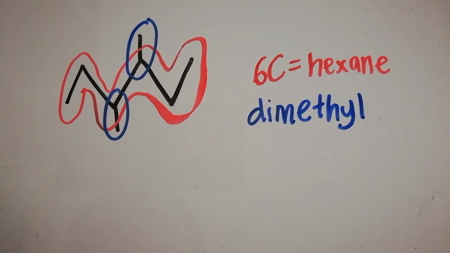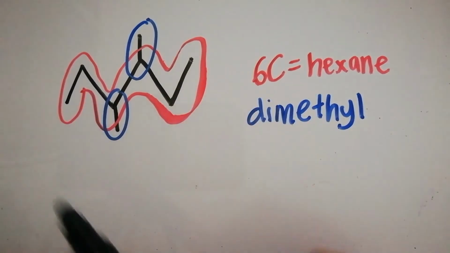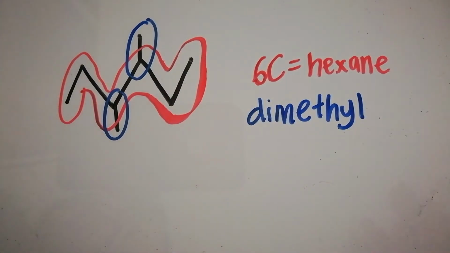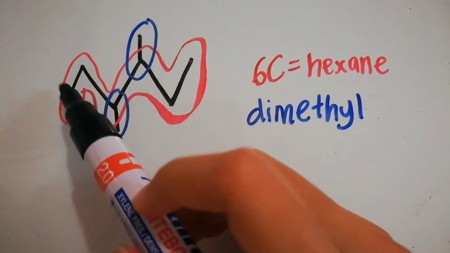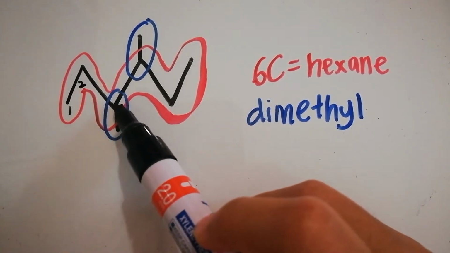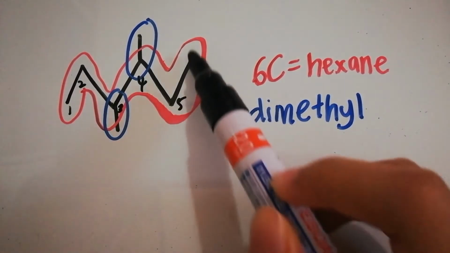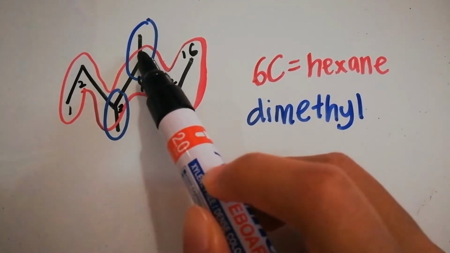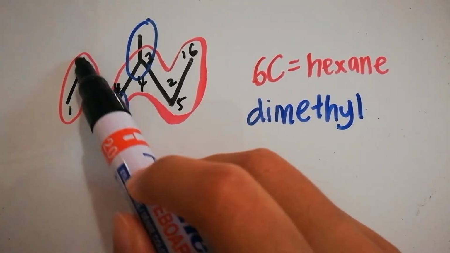And the last step is, we need to number the substituent in the alkane. So let's see, we need to take the lowest number of the substituent. If we come from here, we got 1, 2, 3, 4, 5, 6, and from here 1, 2, 3, 4, 5, 6.